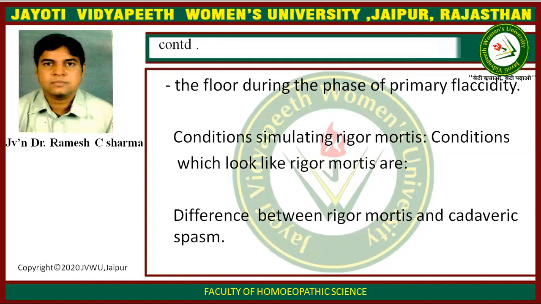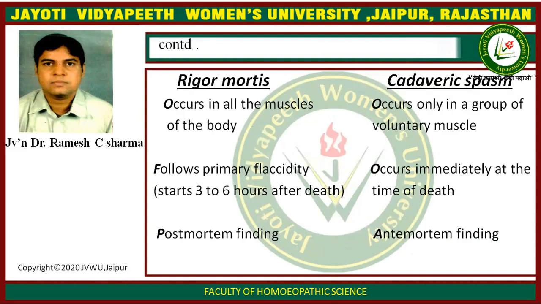Conditions simulating rigor mortis. Conditions which look like rigor mortis. Difference between rigor mortis and cadaveric spasm. Rigor mortis occurs in all the muscles of the body, but the cadaveric spasm occurs only in a group of voluntary muscles.